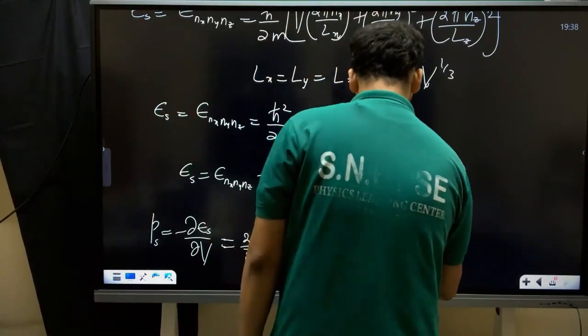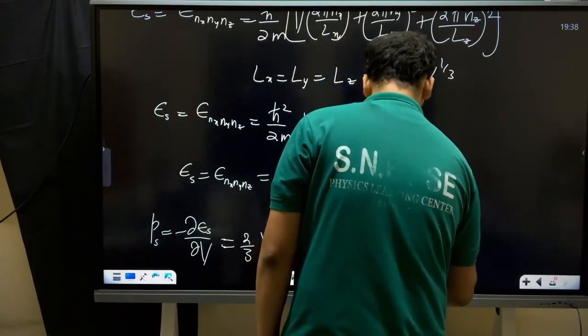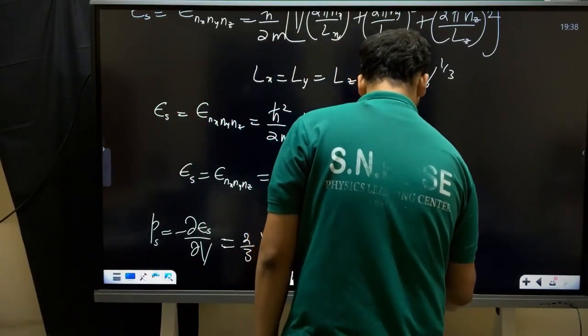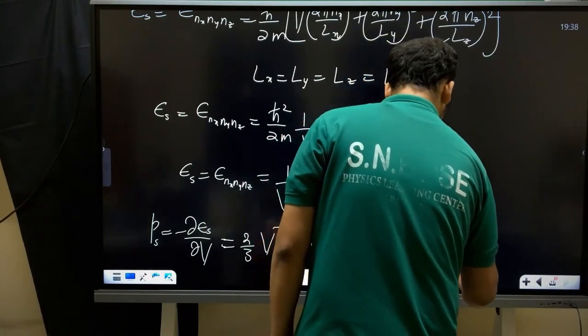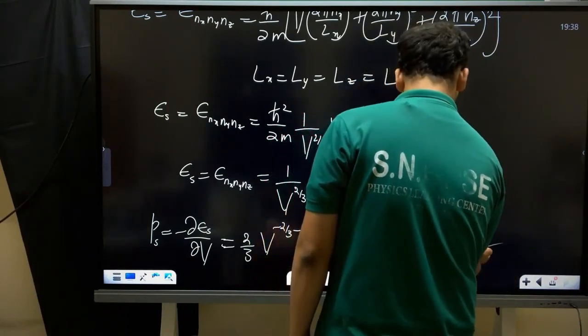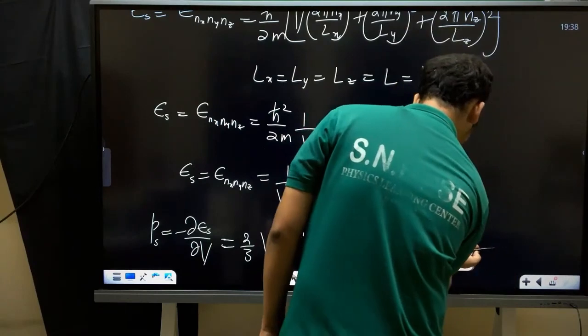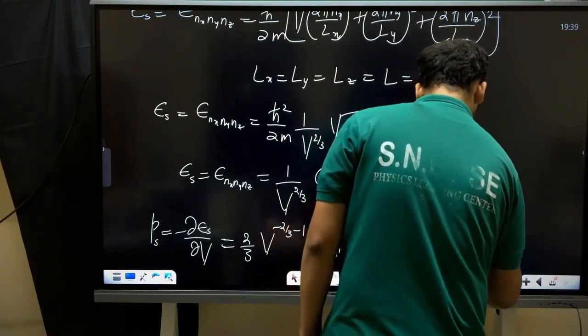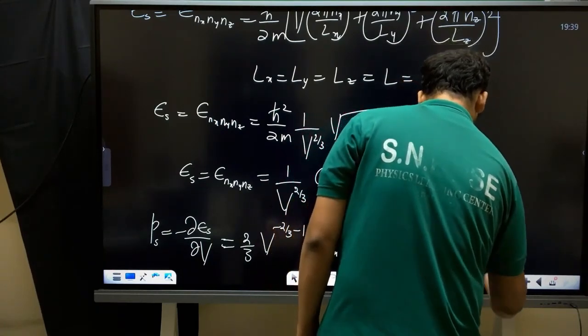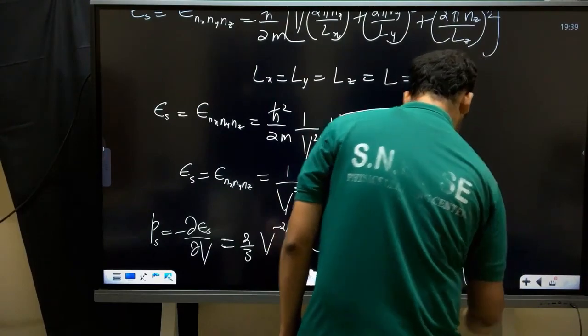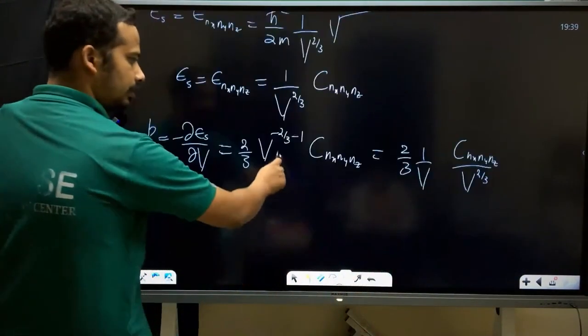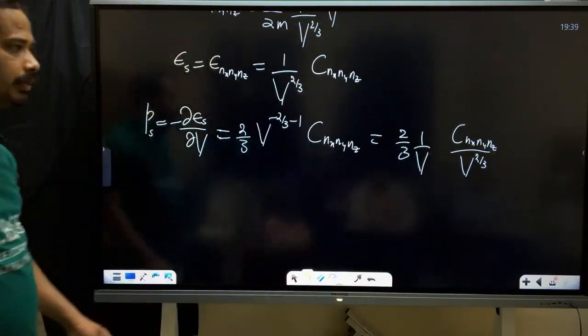So 2/3 of 1 by volume, V^(-1) by volume, C(nx, ny, nz) into V^(-2/3). Is that okay?